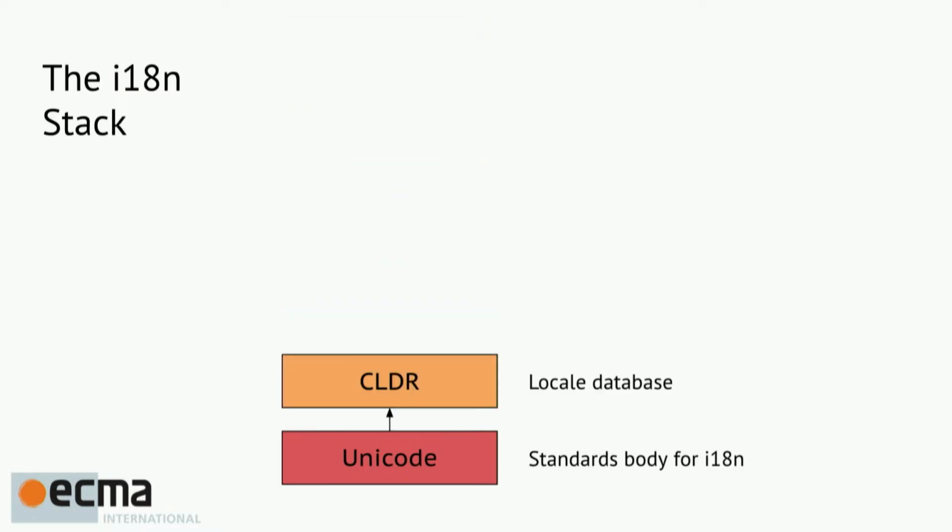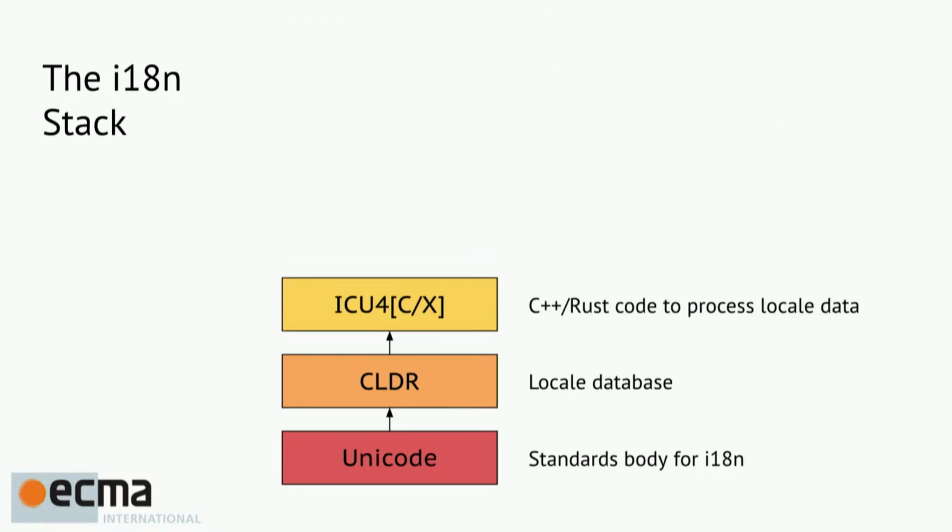On top of Unicode, we have CLDR, which is a database that collects data from hundreds of languages all around the world to conform to the Unicode standards. On top of CLDR sits ICU, which is a code base that implements the Unicode standards and uses CLDR data.